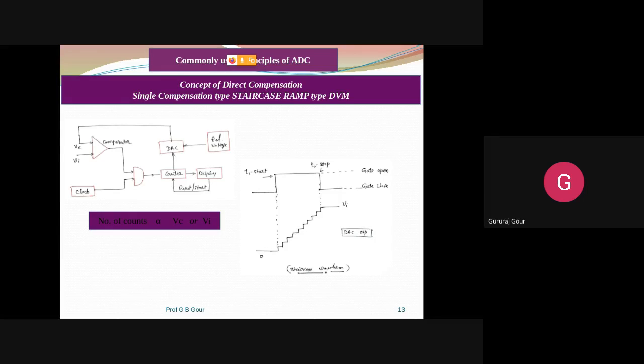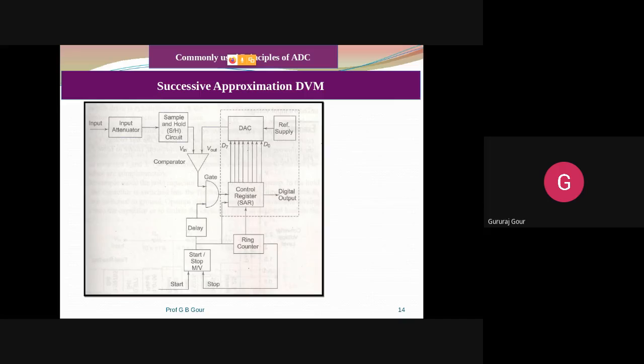One is direct compensation, which we did with the help of staircase type and ramp type DVM. And this one is a SAR type, successive approximation type DVM. So two main blocks are coming here: one is the sample and hold circuit, and another is this SAR block along with DAC.